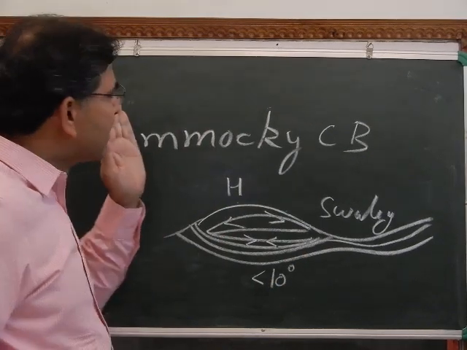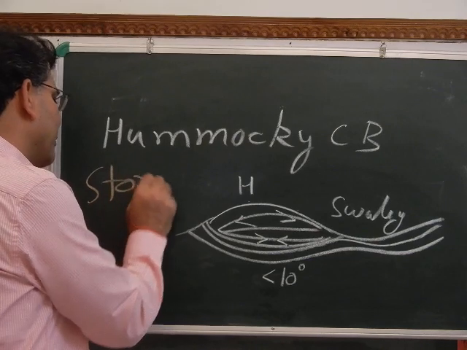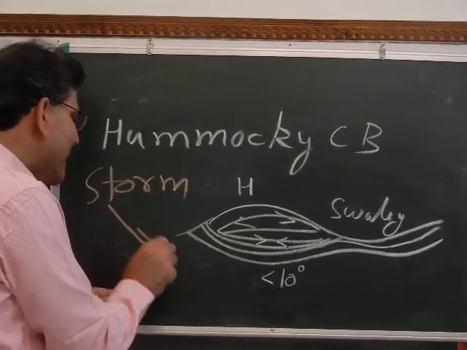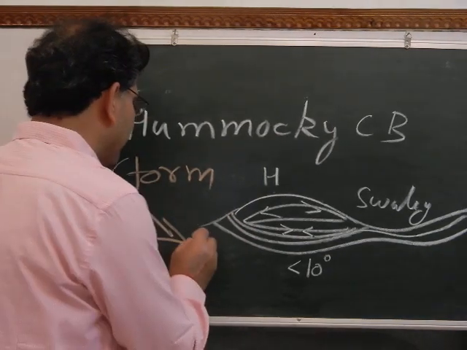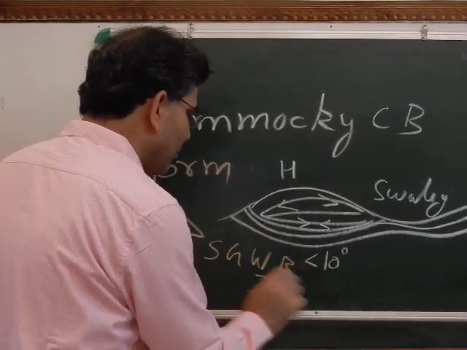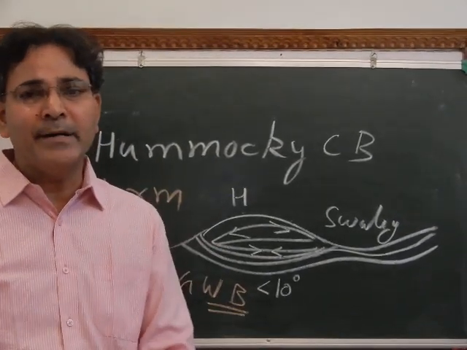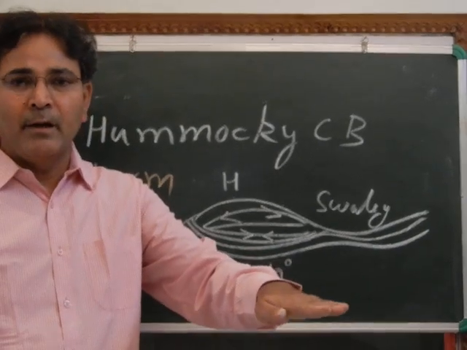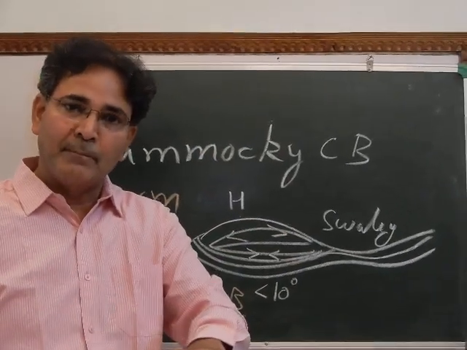They are very typical characteristics of the storm deposits, and they indicate the storm generated wave base. What is wave base? Wave base is the first point into the ocean where the wave comes in contact with the ocean base.